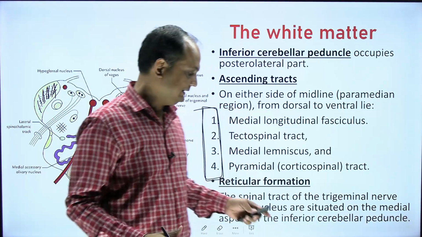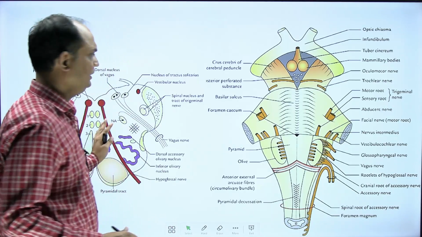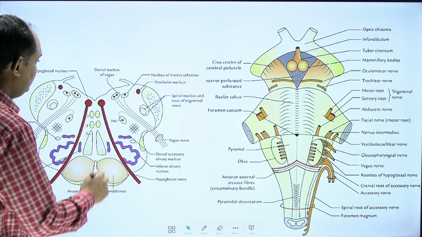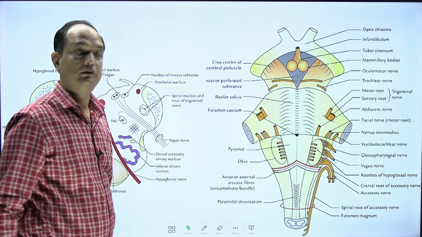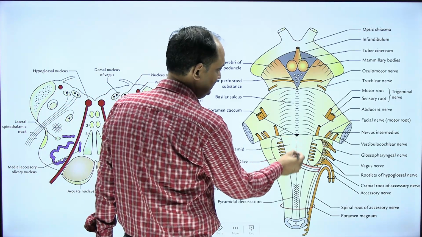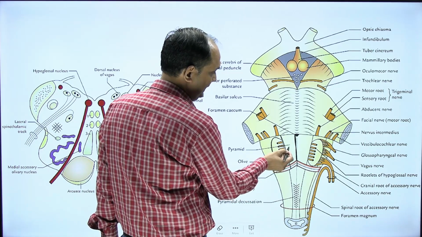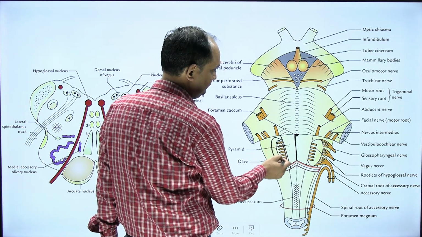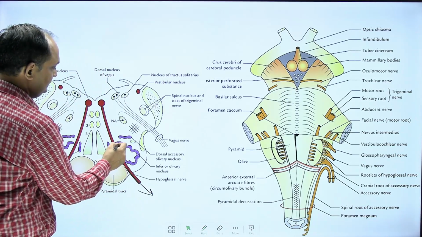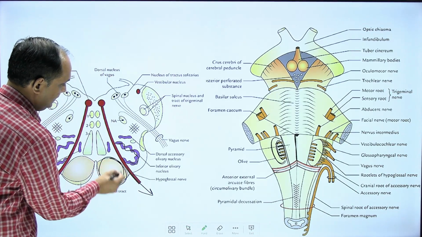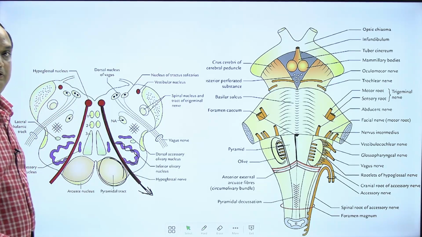Clear? So whenever you draw this section, keep in mind the exit of the cranial nerves from the anterior surface. This is the pyramid, next to the pyramid is the olive, and between the pyramid and olive you can see the exit of nerve roots, which are the hypoglossal nerve. So this is your olive, this is your pyramid, and you draw the exit with this red line, which is the hypoglossal nerve.